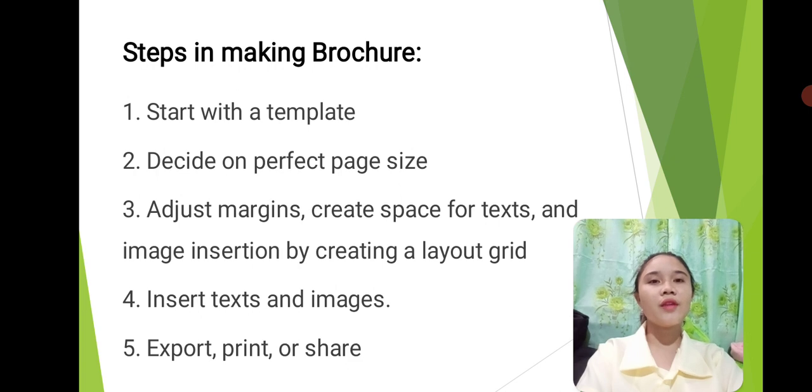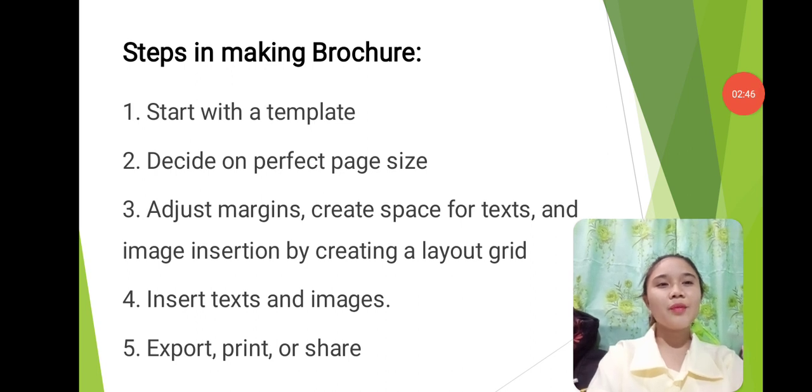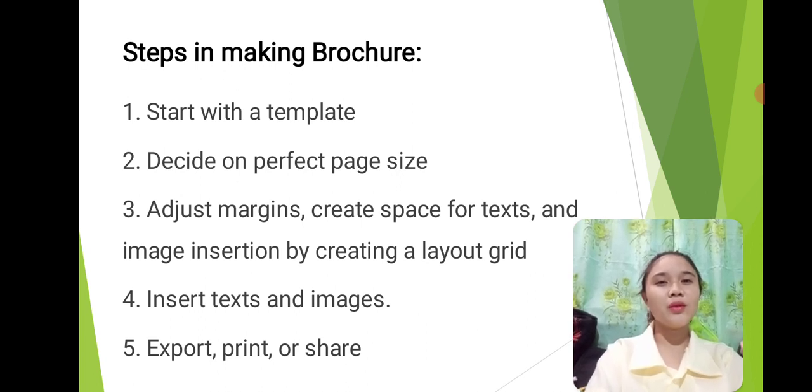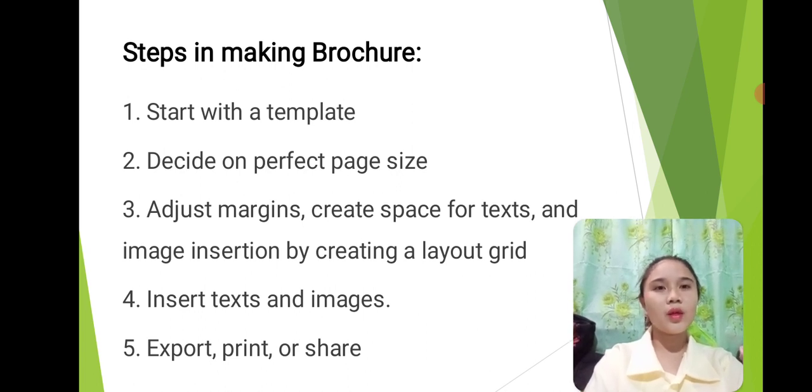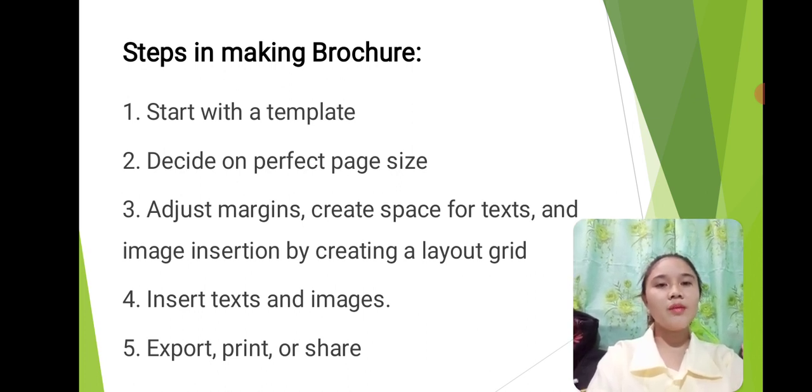There are steps in making a brochure. Number one is start with a template. It is a pre-made design to create a beautiful or colorful brochure. Number two is decide on the perfect page size, based on the template that we are going to use. Number three is adjust margins and create space for text and image insertion by creating a layout grid.